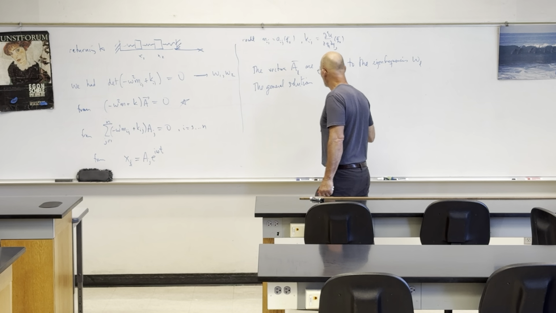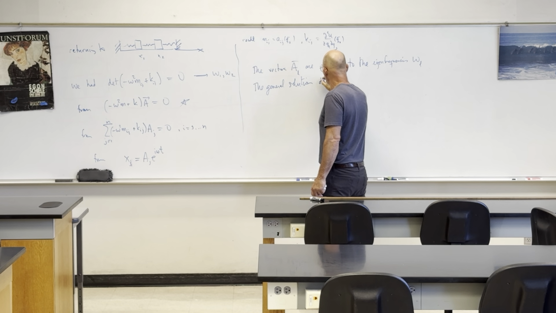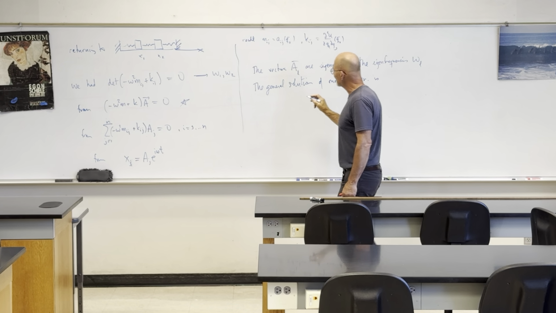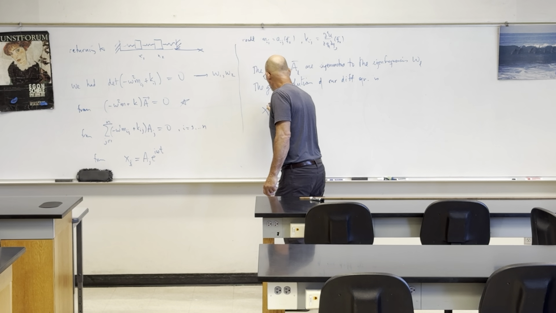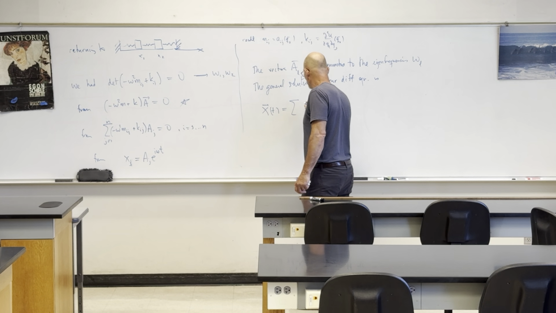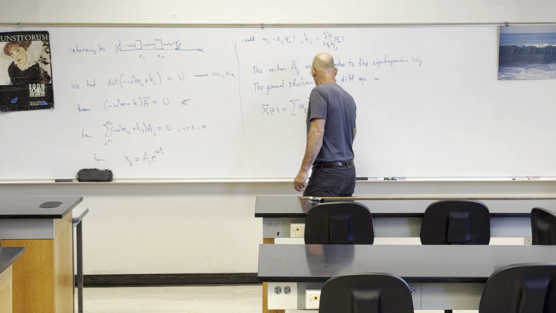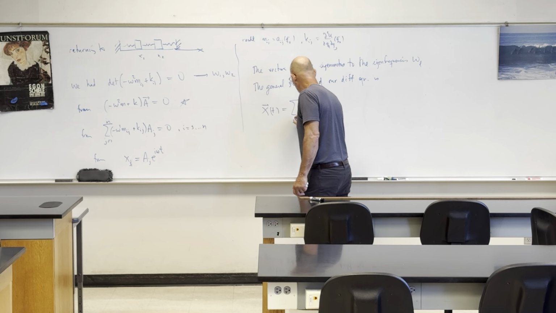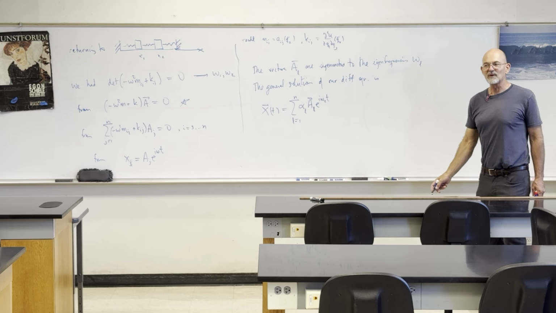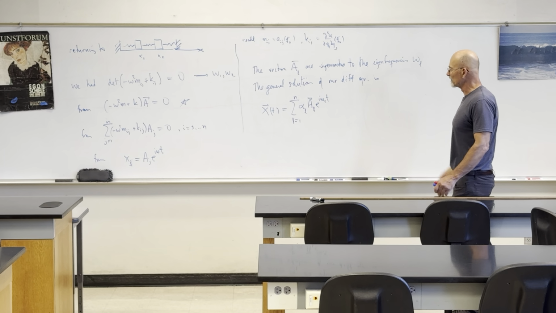The general solution of our differential equation looks like this: x of t equals the sum over alpha sub L A sub L e to the I omega sub L t, L equals 1 to n, using L for unit x. So that's the general solution from linear algebra and from linear differential equations.